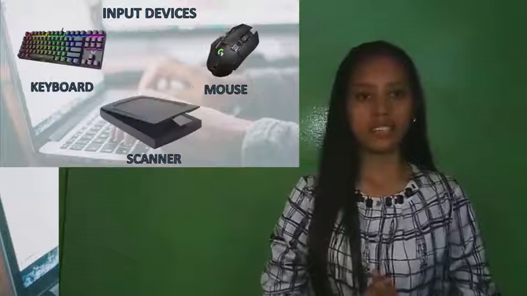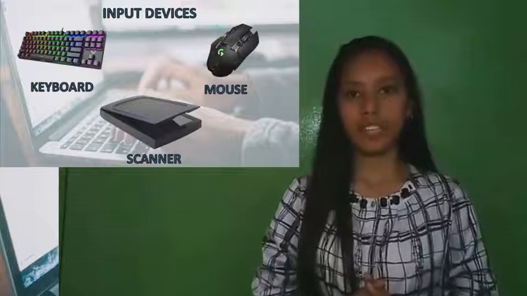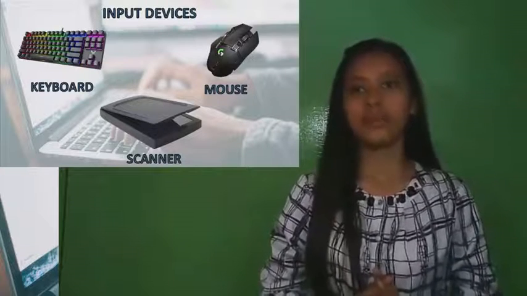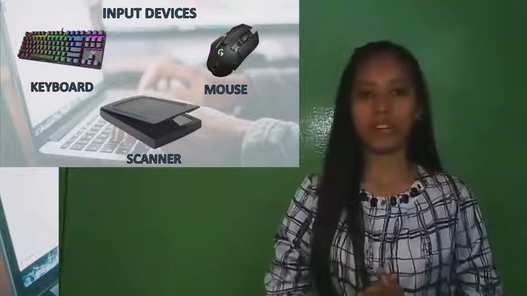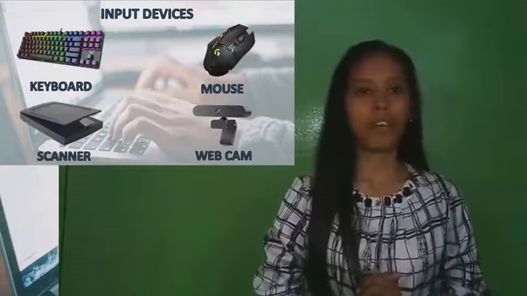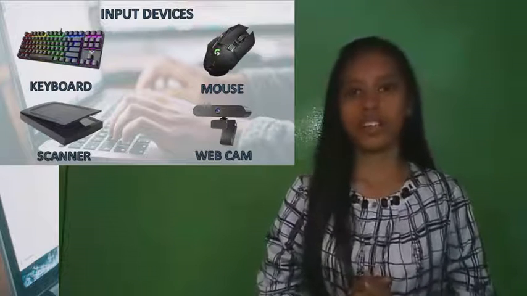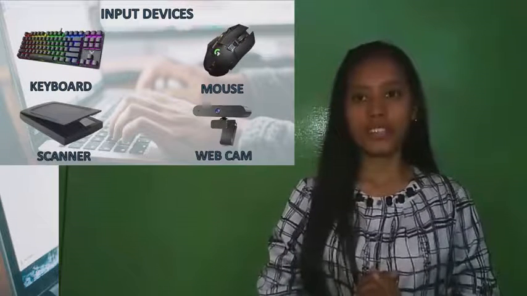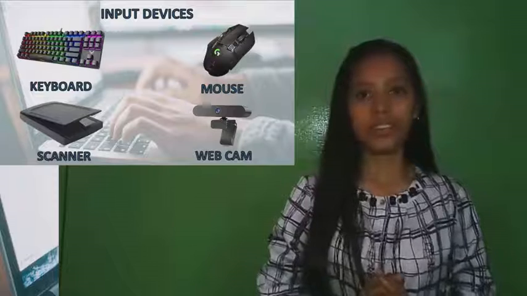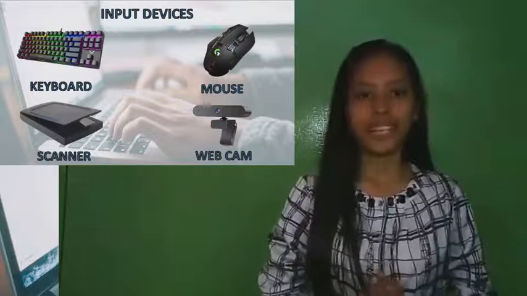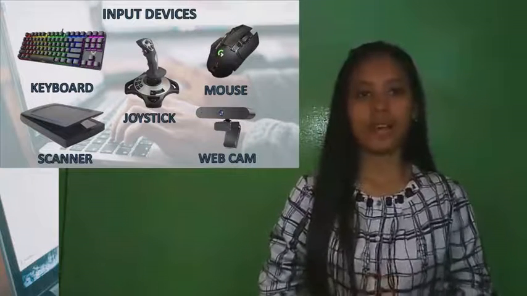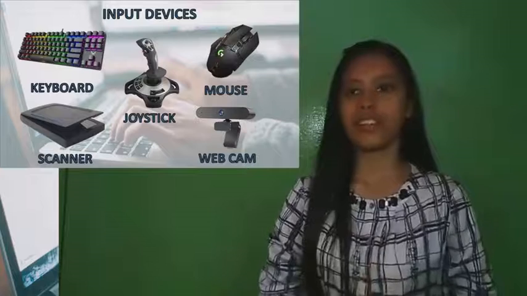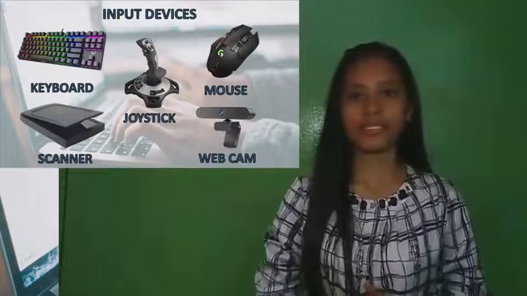Third is scanner. Scans documents and converts them digitally, which can be edited on a computer. Fourth, webcam. Small cameras attached to a monitor or desk that record or broadcast video. And lastly, the joystick. Device used to control video games aside from the keyboard.